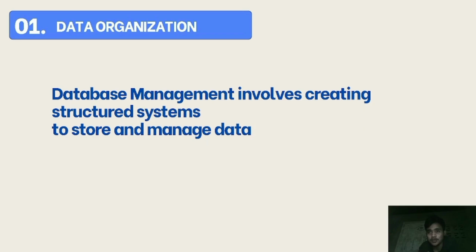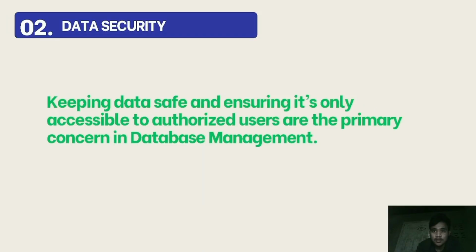This ensures that data is well organized, easily accessible, and can be efficiently retrieved when needed. Next, data security. Keeping data safe and ensuring it's only accessible to authorized users are primary concerns in database management. Security measures like encryption and access control are integral to this discipline.